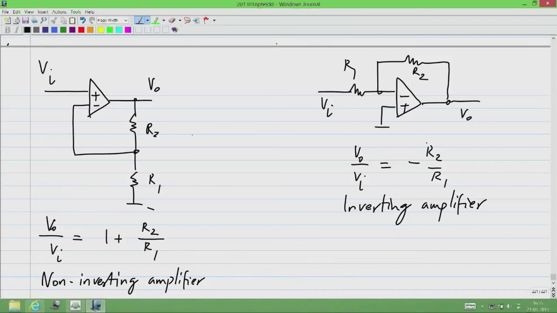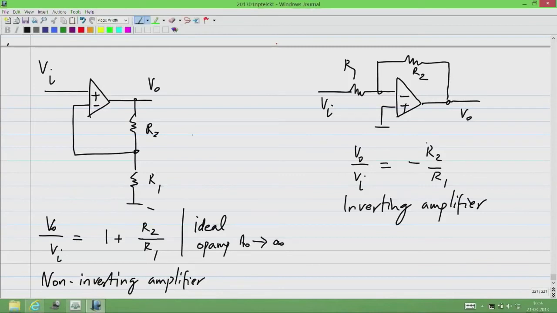So these are classic op-amp circuits, and by the way, these are true when the op-amp is ideal, which means A0 tends to infinity. If A0 is less than infinity, then A0 will appear in the gain expression, but as long as A0 is very large, the gain will be approximately equal to 1 plus R2 by R1.